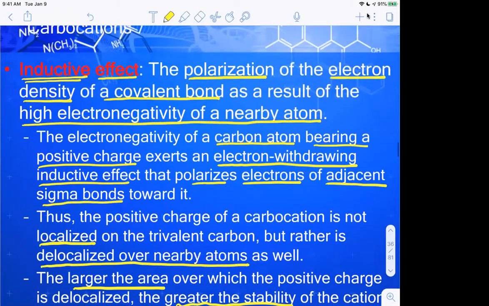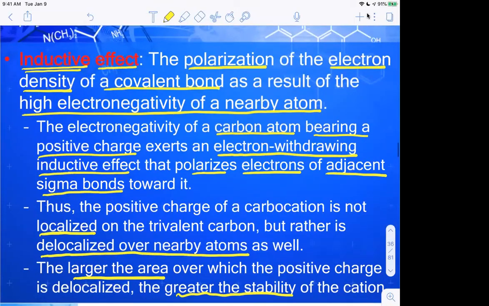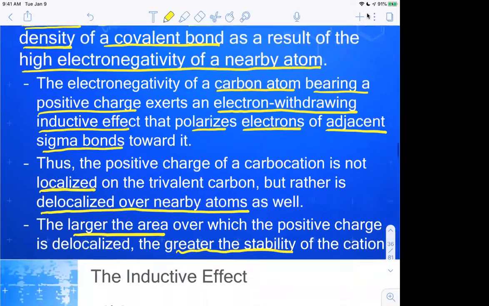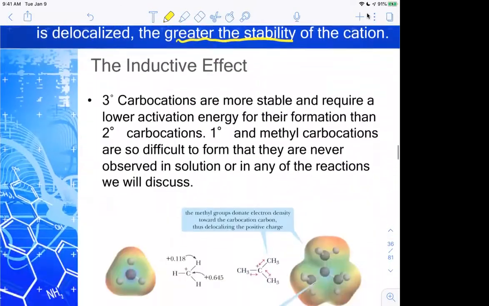Alkyl groups are electron donating, so they're going to donate electrons to this positive charge in order to stabilize it. They're going to accept this delocalization and increase the stability. Hydrogen can't do that as well. So the more carbon groups that are attached, the more stable the carbocation that's formed.